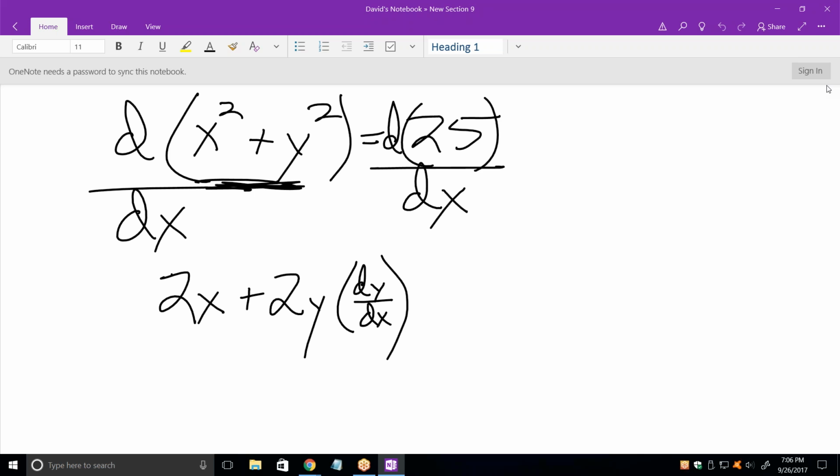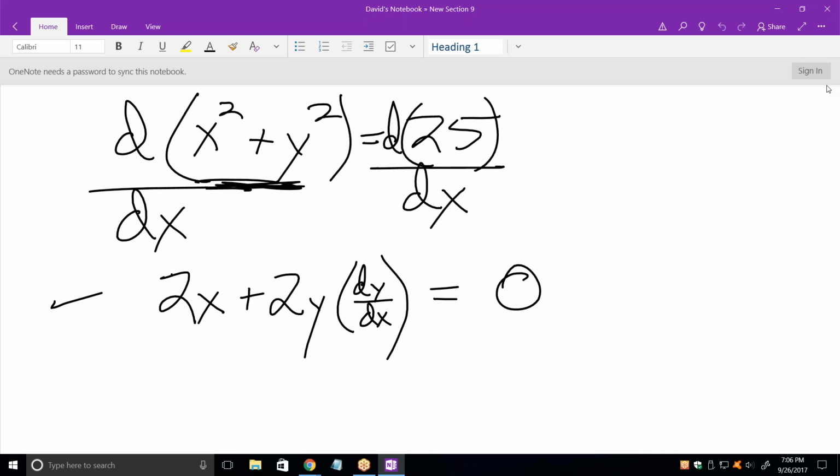Anytime I run across a variable that is not x, it could be t, r, whatever, I've got to follow it by this thing. It's the derivative of the right side. It's the derivative of a constant. 0. Okay.